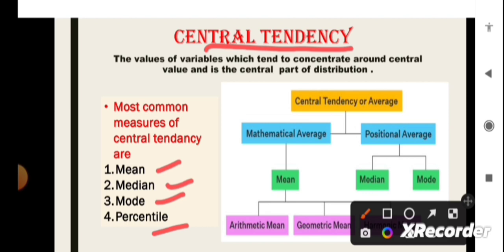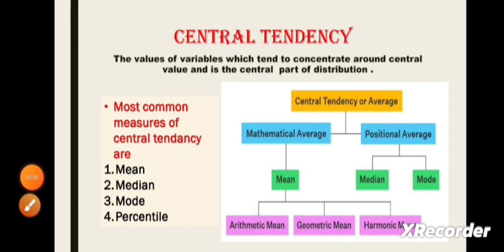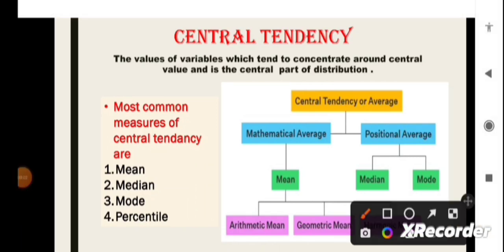Because these values of variables tend to concentrate around the central value, and these are the central part of any distribution. Average is a common term which gives the central value of any series. These also are point estimates, or a single value which describes the whole series of observations.